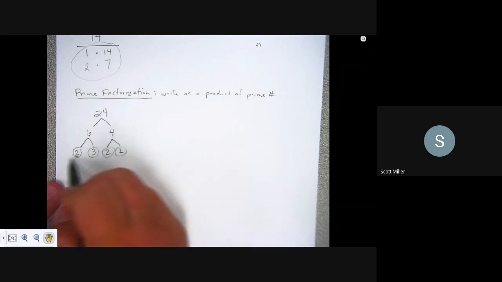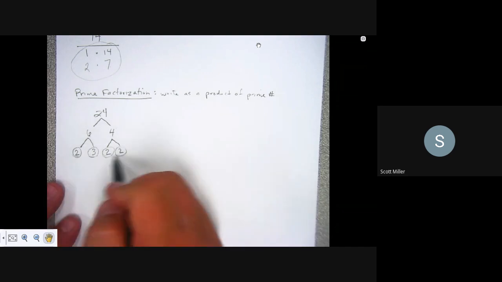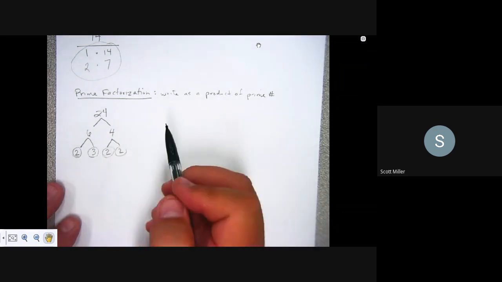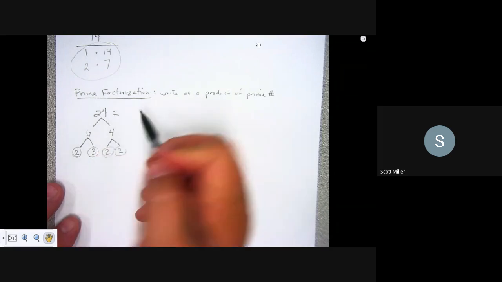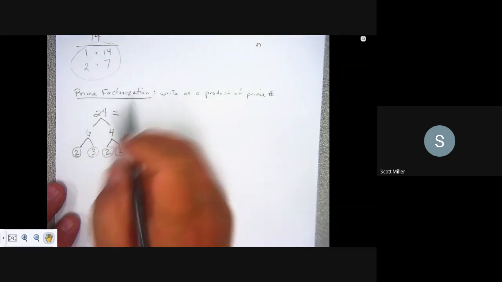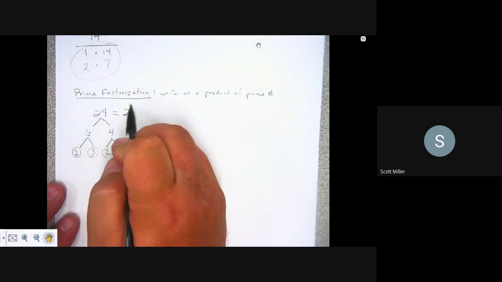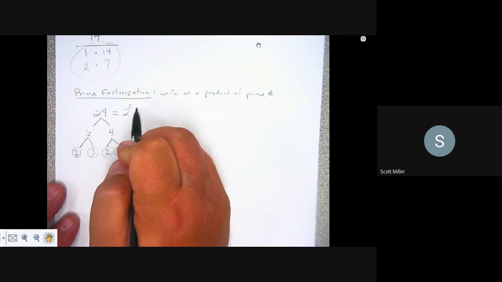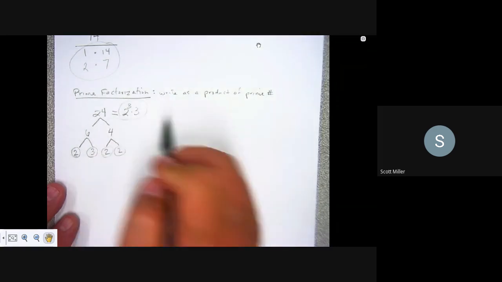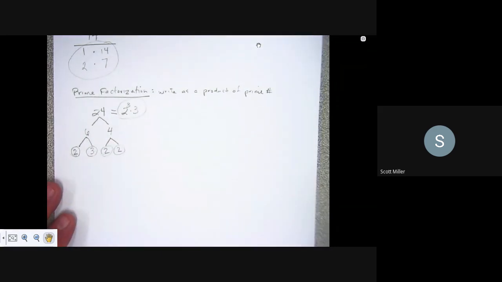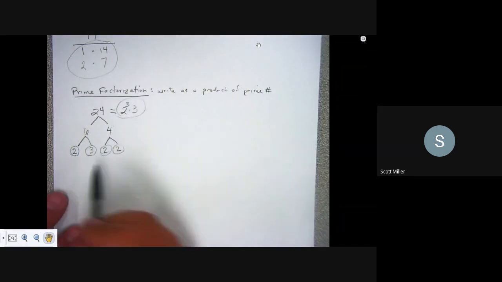All the circled numbers multiplied together is called the prime factorization. And we usually write it in exponent form. So this will be 2 to the third power times 3. So that is 24 as a prime factorization. And you can do that with all numbers.